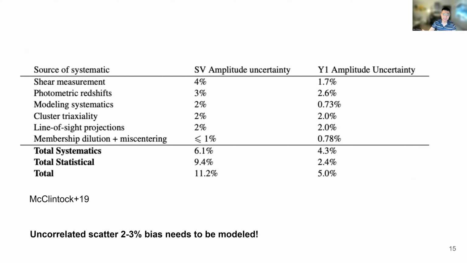As you can see in the list of systematic uncertainties, most of them are at a percent level. Here we find this uncorrelated scatter contributes to 2 to 3% mass bias, and hence it's one of the most important and unconstrained systematics for us to model going forward.